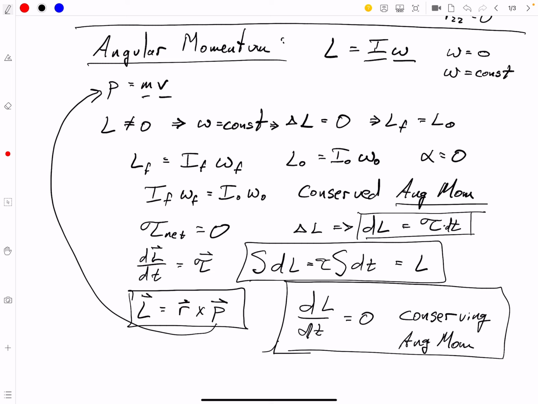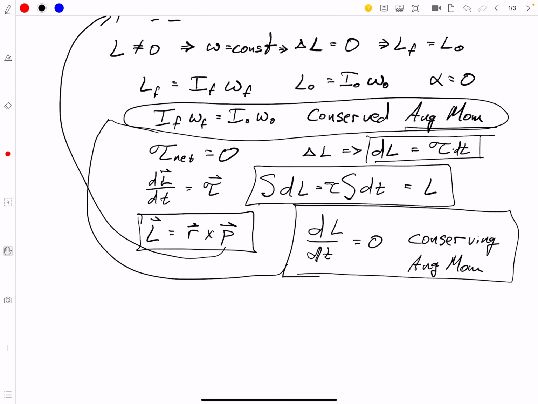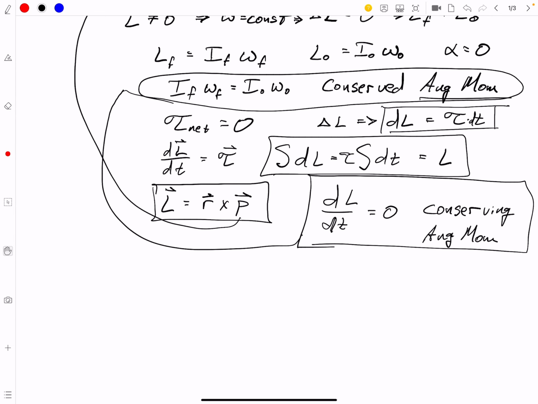And we're back up to this. Okay, next topic. I've got angular momentum all over town.